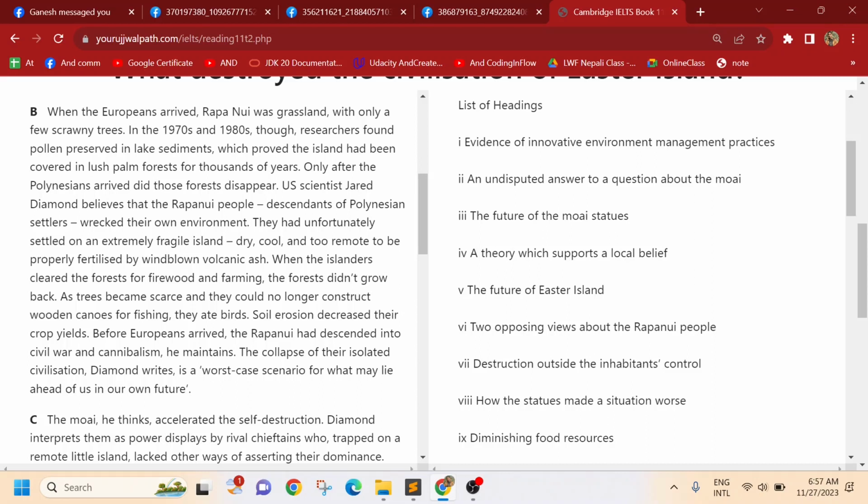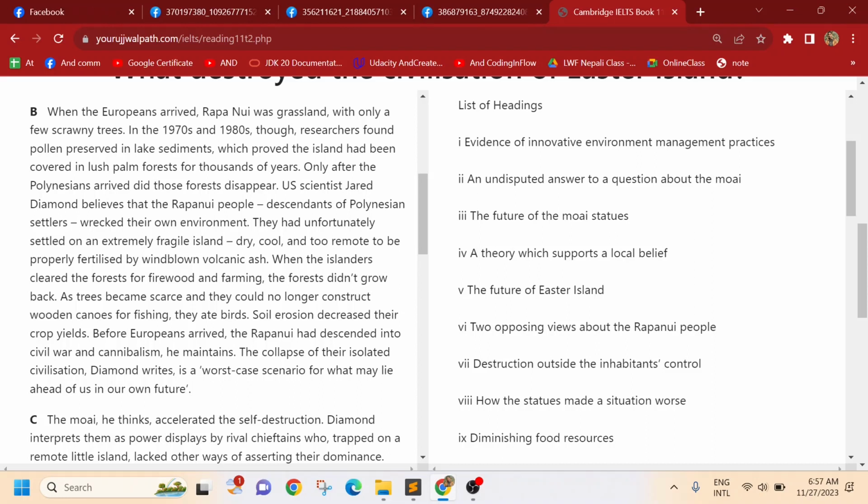And if we go through this one, in the 1970s and 1980s, researchers found pollen preserved in the lake sediments, which proved the island had been covered in lush palm forest for thousands of years. Only after the Polynesians arrived did those forests disappear.